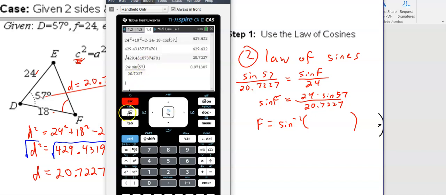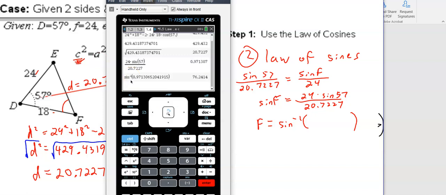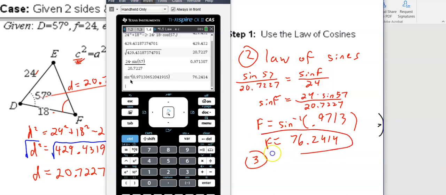So inverse sine is the trick here. Inverse sine of that number, and you get that. So inverse sine of 0.9713, and F is equal to 76.2414.